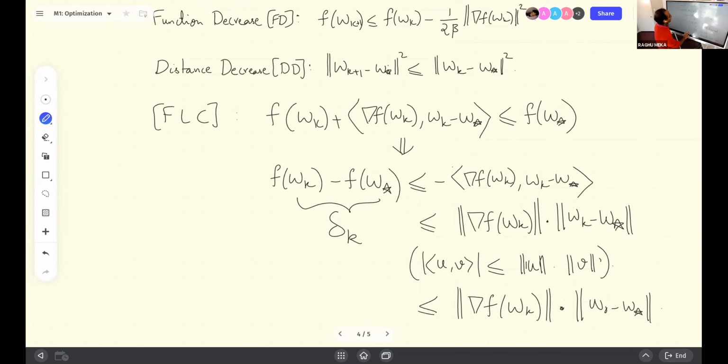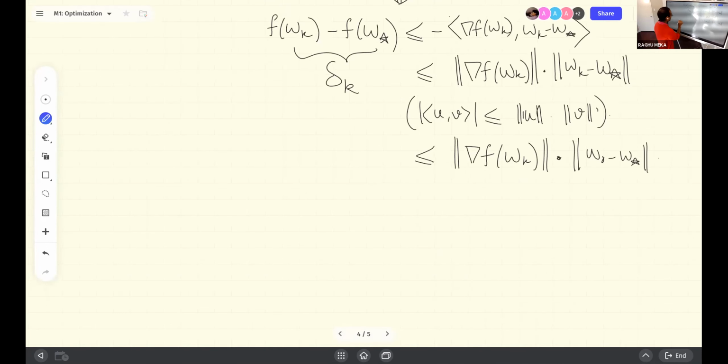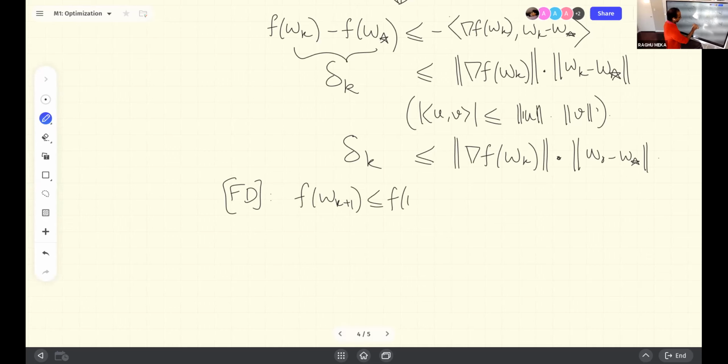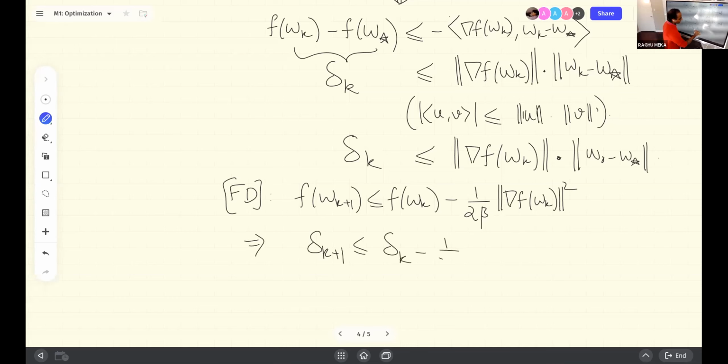And what we have from function decrease, so we are saying delta k is at most this much, and function decrease tells us that, okay, so this in particular implies that delta k plus 1 is at most delta k minus this much.